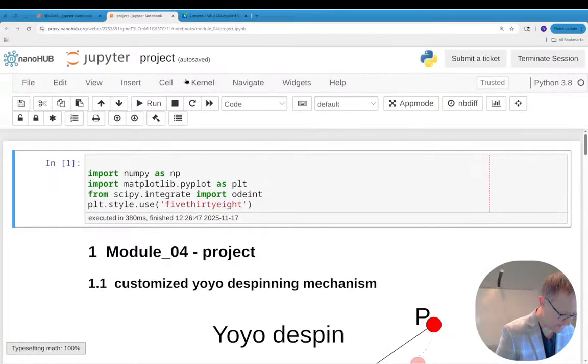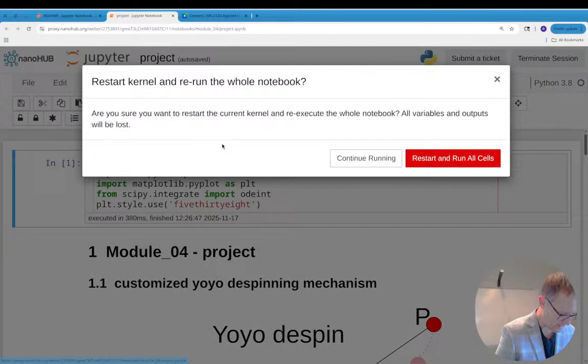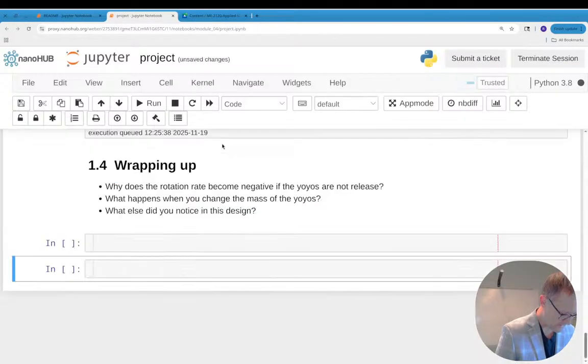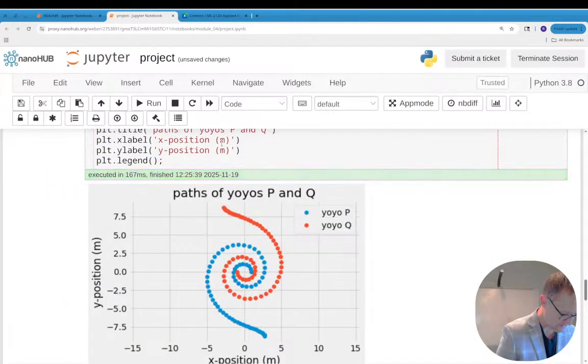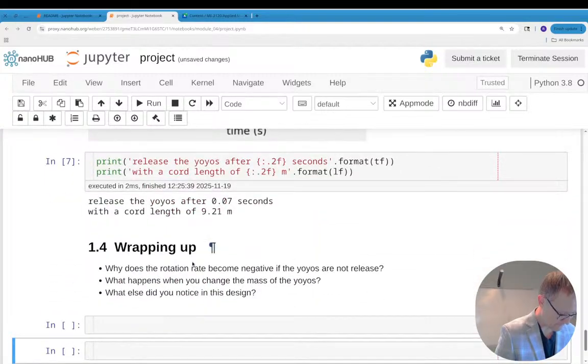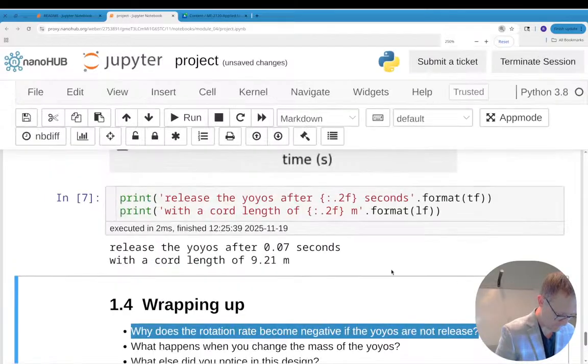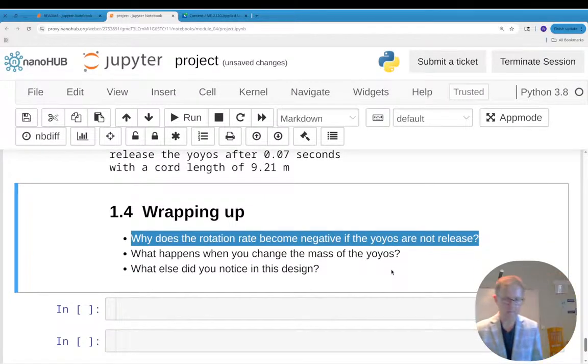All right, so let's say kernel, run all. Just make all the graphs. So why does it start spinning backwards if your cord is too long?